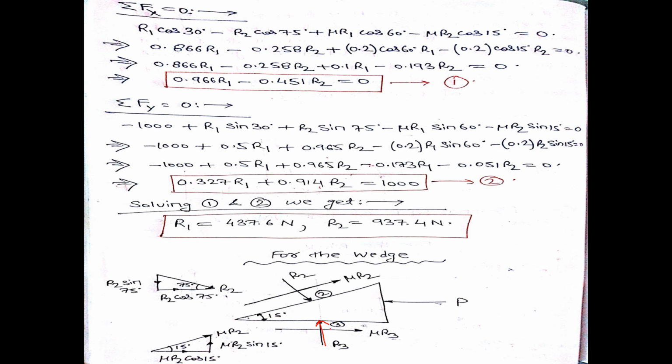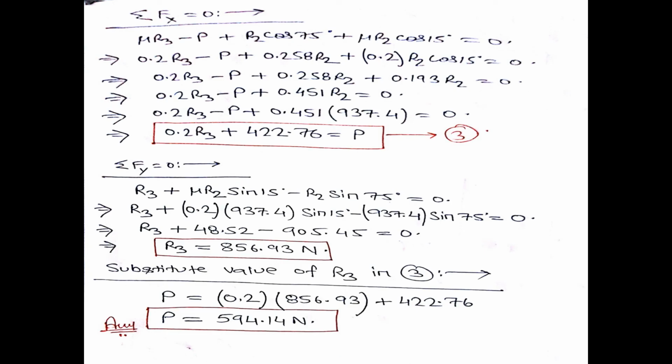I will write plus R3, then minus R2 sin 75 plus mu R2 sin 15 is equal to 0. Okay, so just substitute the values of mu, which is 0.2, and R2, and then solve the entire expression.